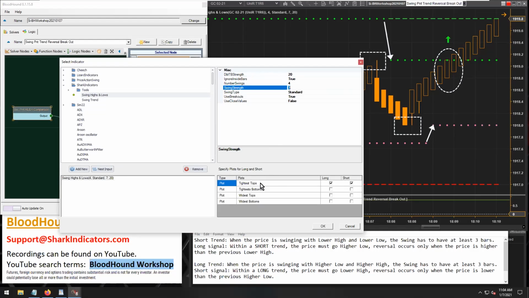So for a long signal, we're looking at the tightest bottoms, right? Right, so the tightest bottoms are the pink dots, and the tightest tops are the green dots. So we're using the tightest tops for a short signal.